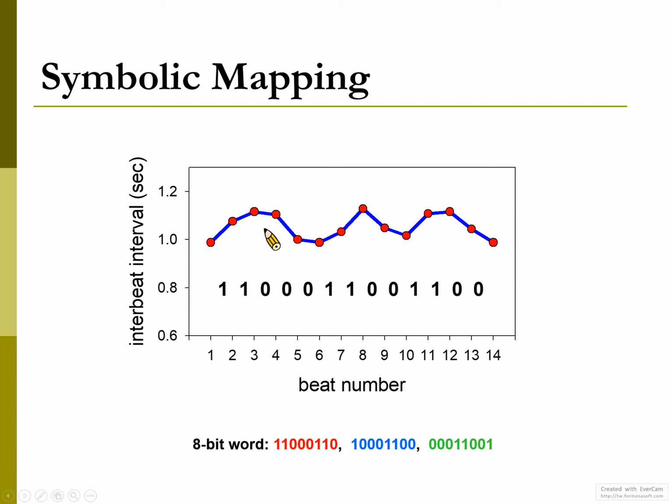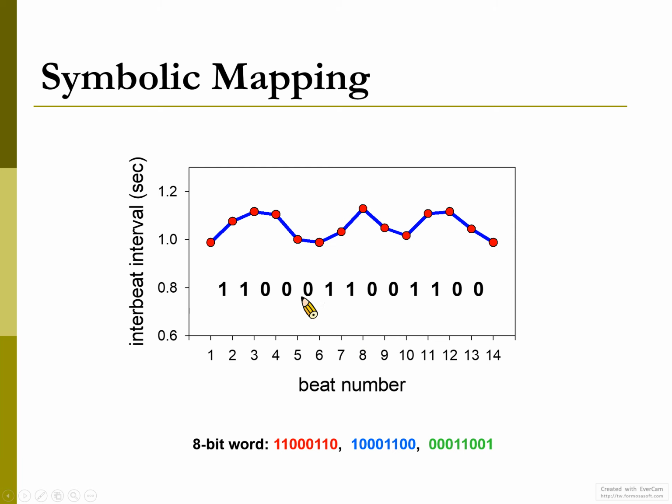And in the case of the increasing heart rate, we assign this as a number 0. So we can transform these up and down patterns of the heart rate into a sequence of 1 and 0. In this case, we can transform this heart rate into 11000110 and 11001100. So it's kind of a binary sequence.